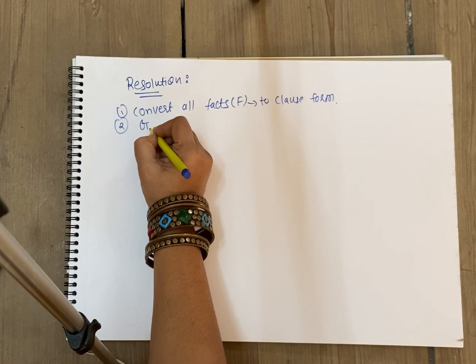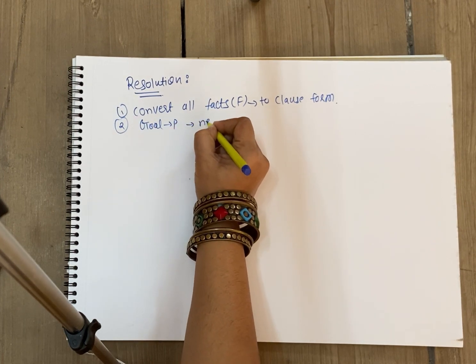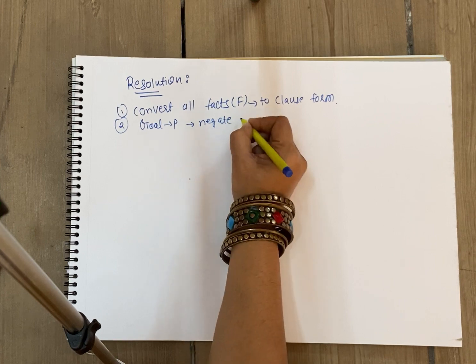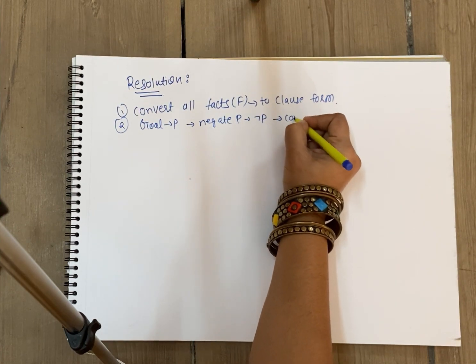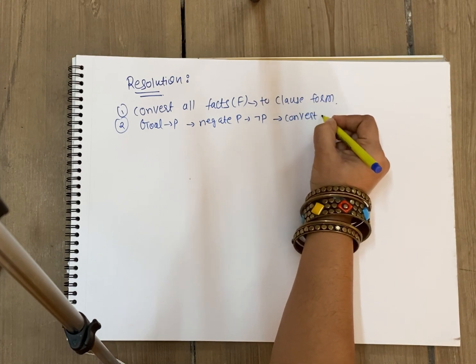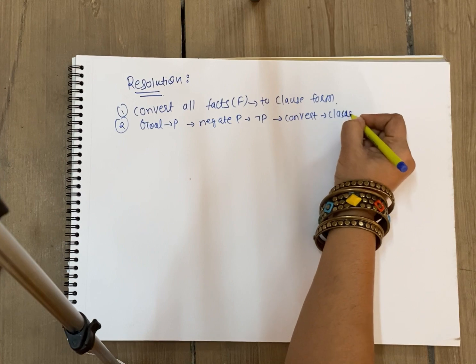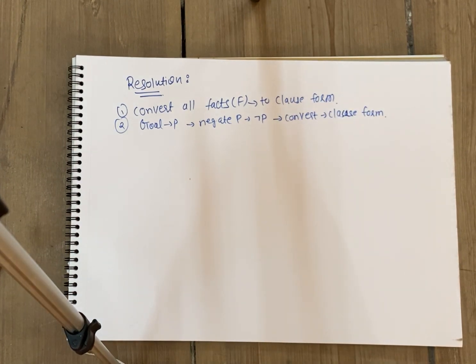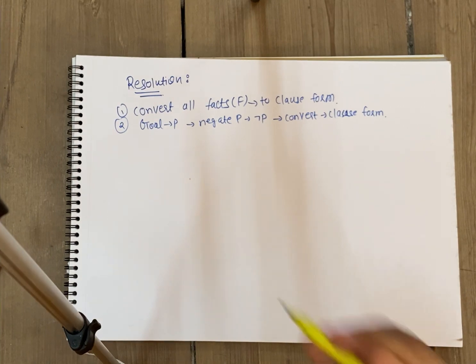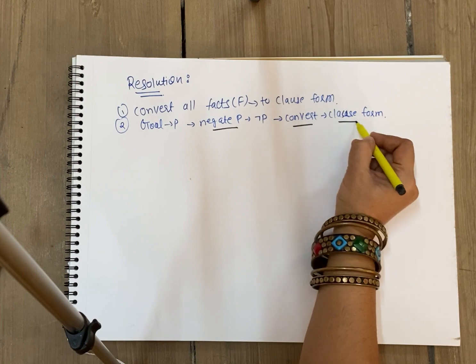Let us say the goal is P. First of all, negate your goal, so it will be not P. After that, convert your negated goal to clause form. So take a goal, negate it, and after negating, convert it to clause form.